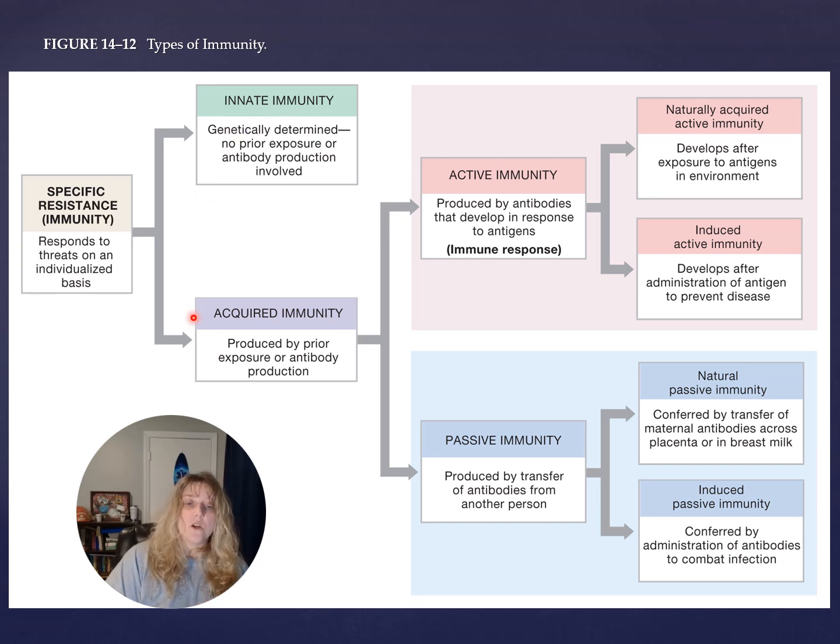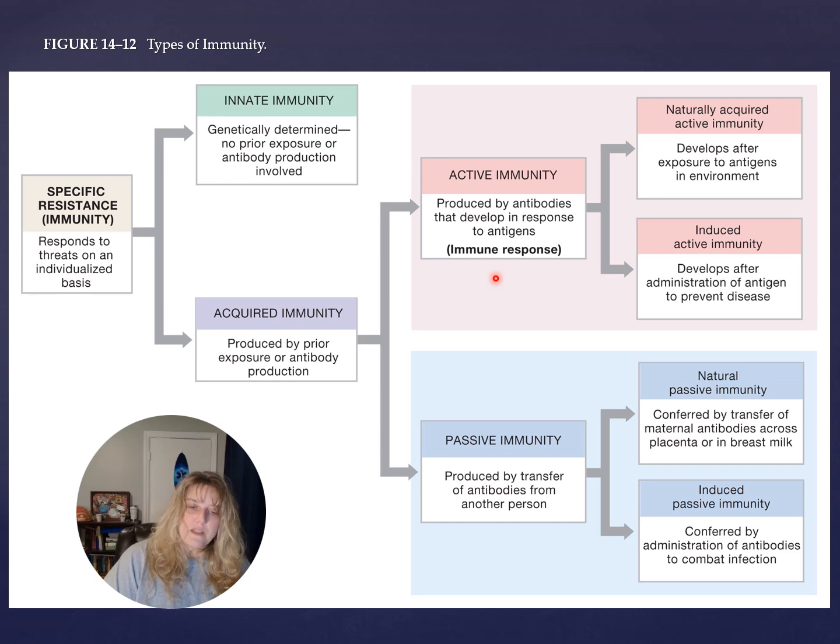Now we get into the acquired immunity. It's considered acquired because we have to be exposed to something in order for it to produce an antibody. Now there's two categories with this. You have active and then you have passive. So we'll start with the active. Active immunity is produced by antibodies that develop in response to an antigen. So this is an immune response.